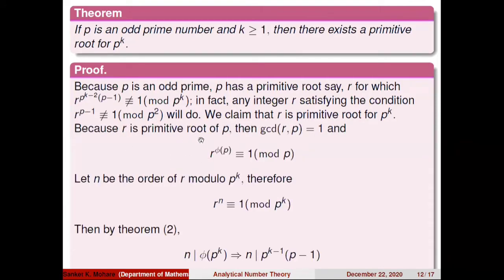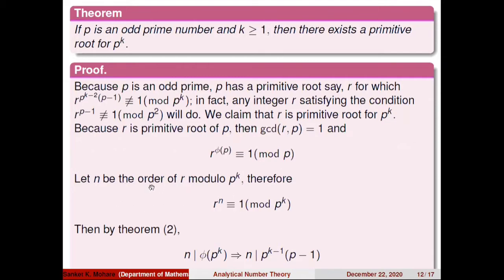Because r is a primitive root of p, GCD of r with p is equal to 1, and also the order of this integer r is phi of p. It means r to the power phi of p is congruent to 1 modulo p. Now assume n is the order of r.